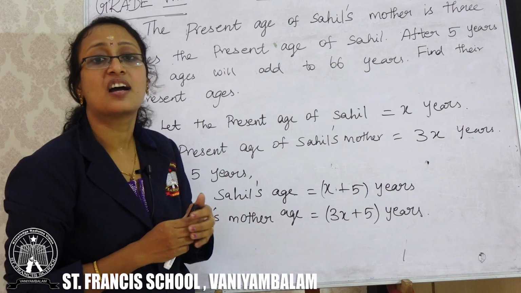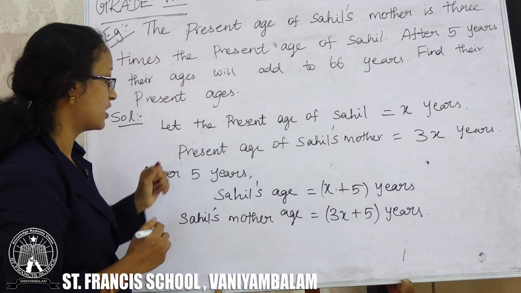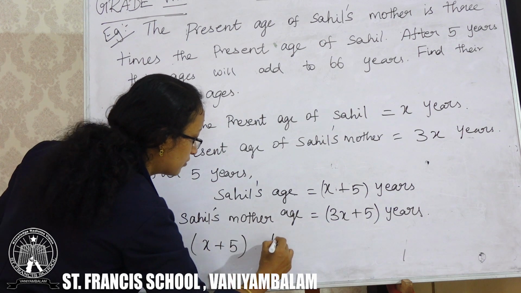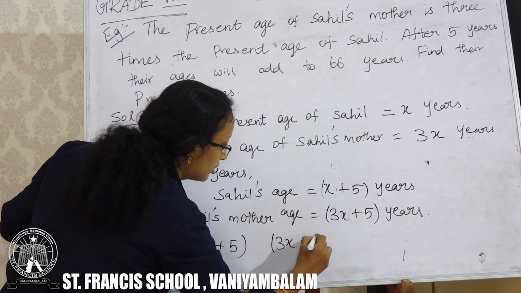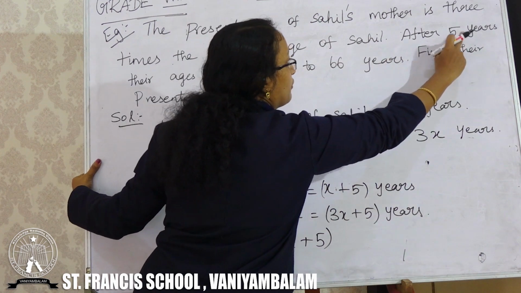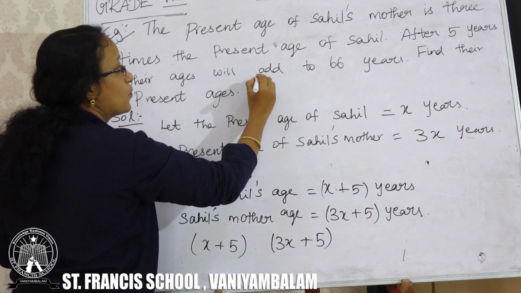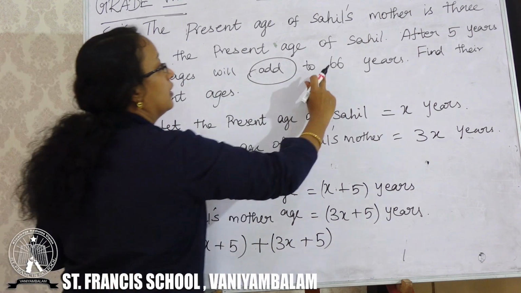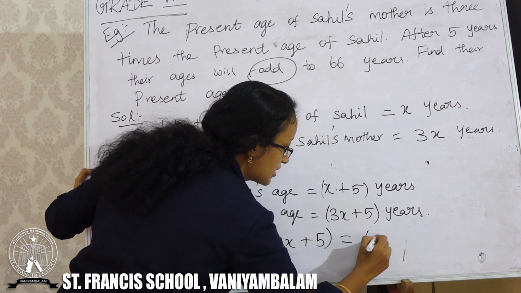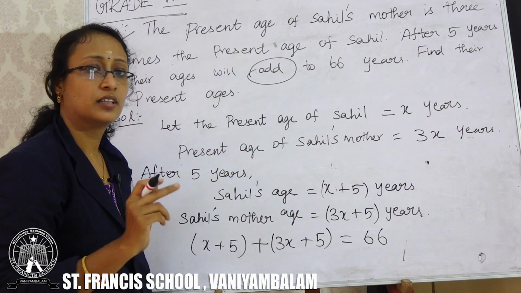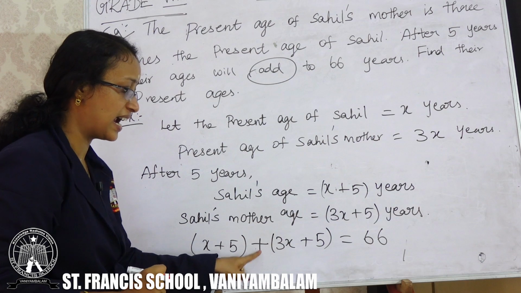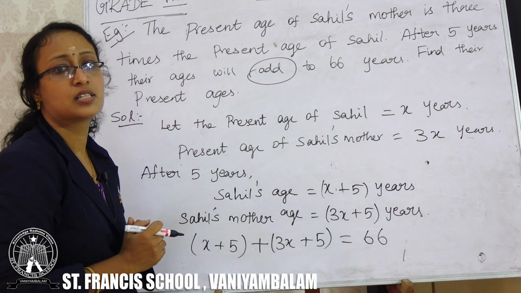What are their ages after 5 years? X plus 5 and 3x plus 5. So add to 66. Now, you got the equation? Yes. After 5 years, their ages will add to 66.